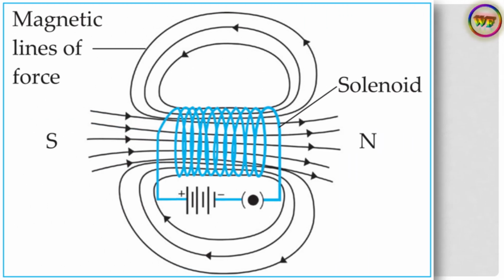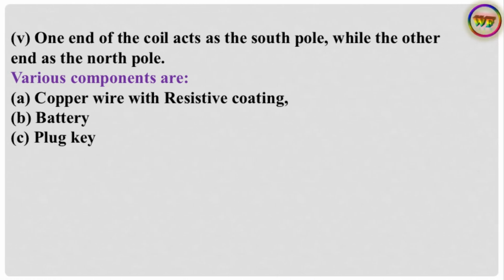The diagram is given directly. Point 5. One end of the coil acts as the south pole, while the other end acts as the north pole. Various components are: Part A, copper wire with resistive coating. Part B, battery. Part C, plug key.